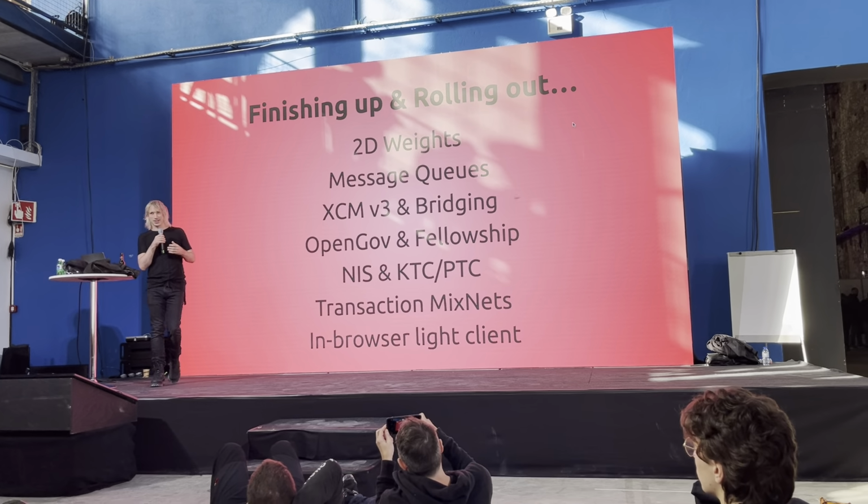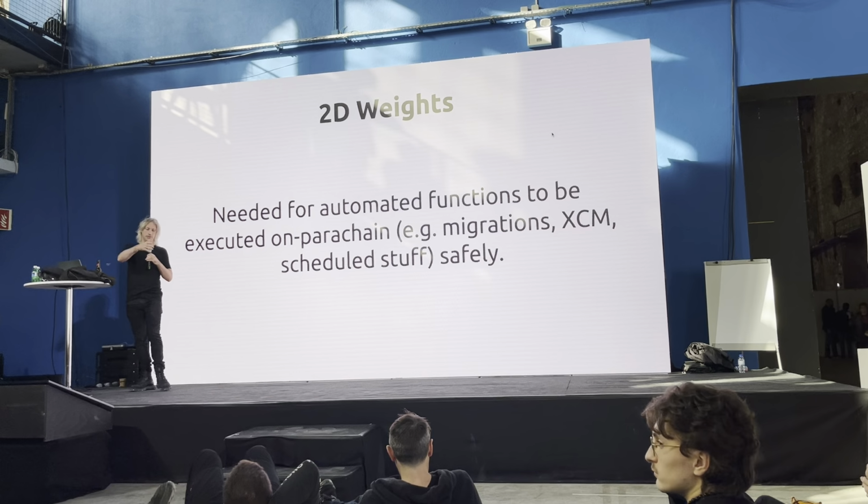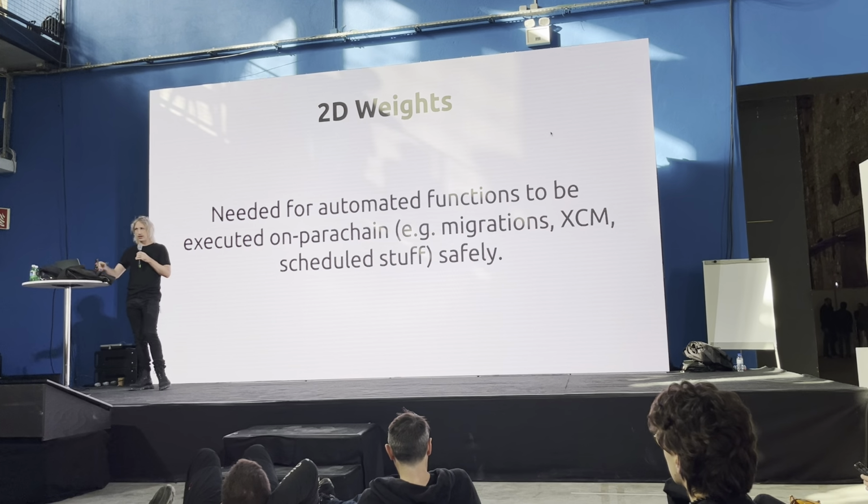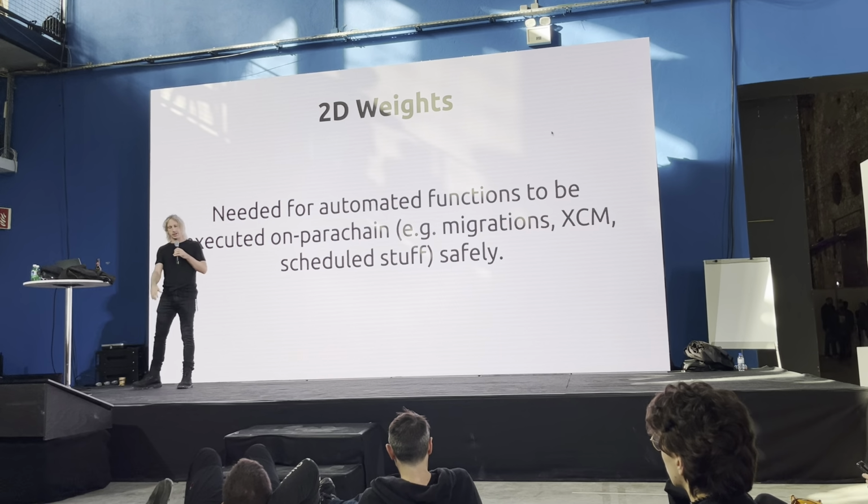weight is a means of specifying the amount of resources that a particular function, generally block import or transaction import, is allowed to use. In the past, weights were one-dimensional, a scalar value: the amount of computation time we expect a particular operation to take.